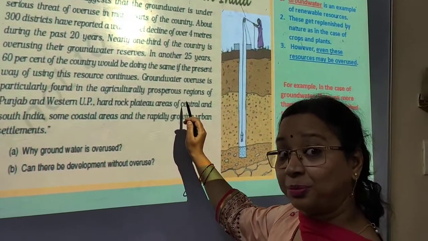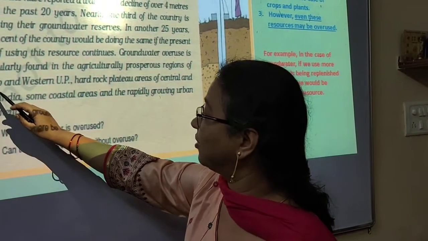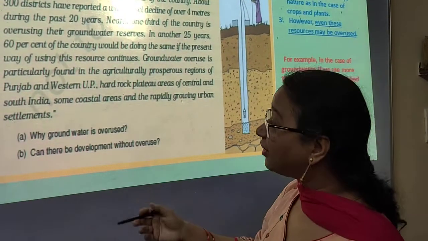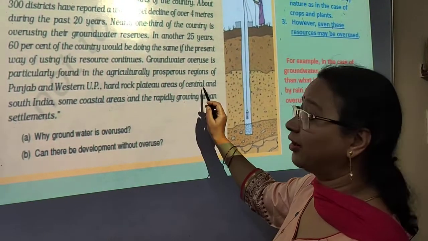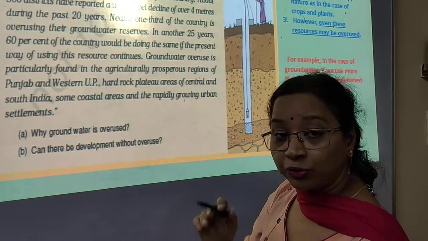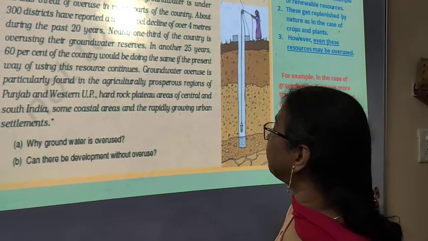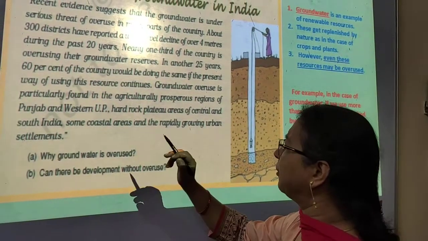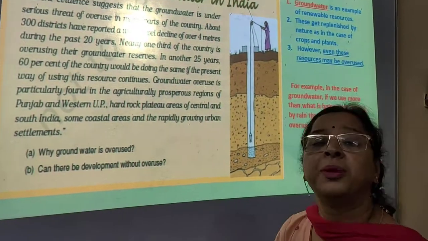Now which are the agriculturally prosperous regions? They are Punjab, Western UP, and the plateau areas of Central and South India, which we call peninsular India. Along with that, some coastal areas and rapidly growing urban settlements.